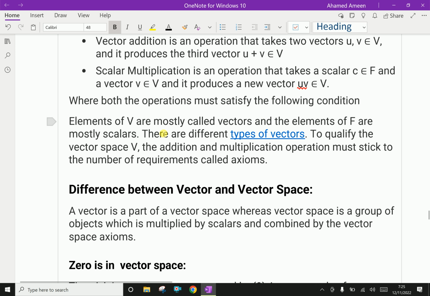Elements of V are mostly called vectors and elements of F are mostly called scalars.